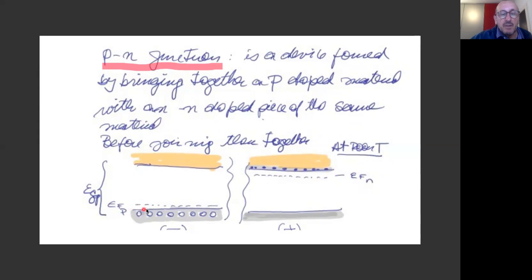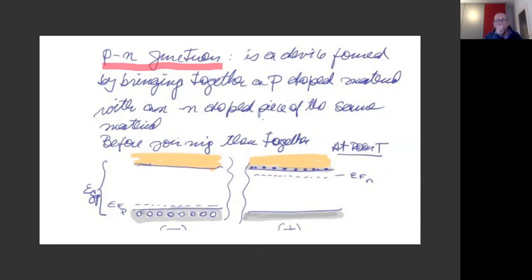This side here, I should have written it down, is a p-type, and this is an n-type. This is n-type because n stands for negative and p stands for positive. So this has added negative carriers, and at room temperature I will have electrons excited here, and I will have holes excited at room temperature here.